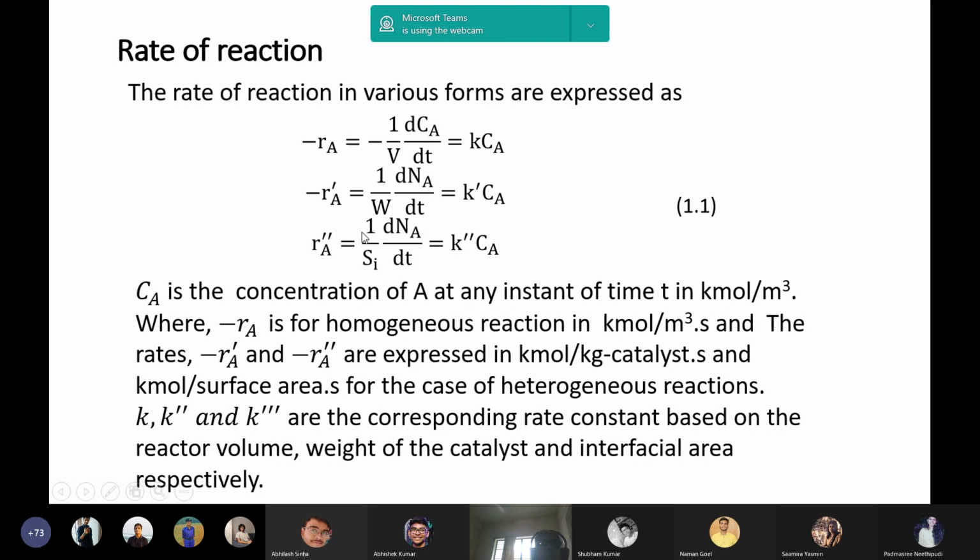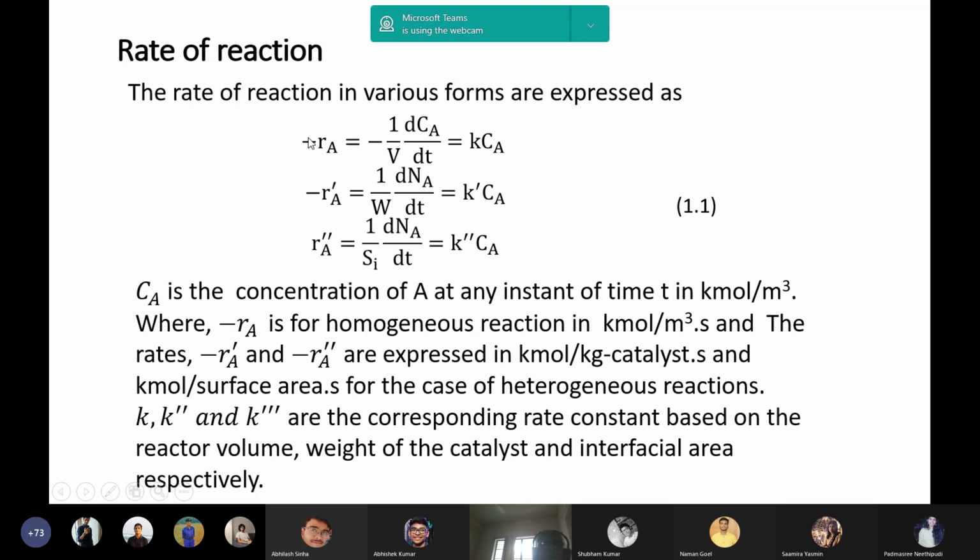Now, whatever the type of reaction, all rate equations are written in a standard form, where minus RA is the rate equation. The minus sign is involved to explain the rate of disappearance of A. In all reaction engineering books, you will find either a positive or a negative sign for any species.